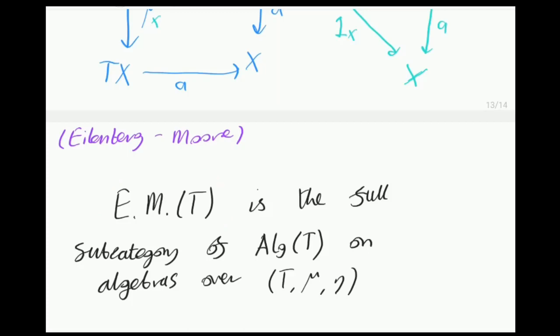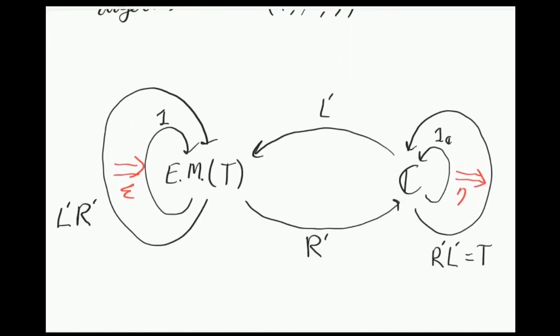So once we've got that category, we have yet more adjoint functors. And so here we go. So let me remind you of the setting here. Basically, we're starting with this category C. We're starting with this monad T with its unit and its multiplication.